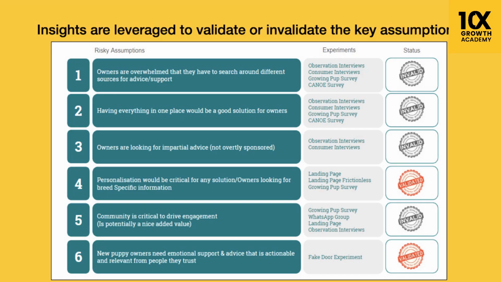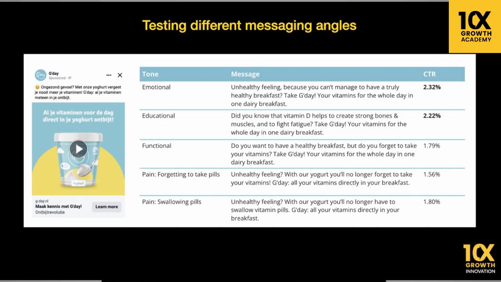What we do is that we use the insights to validate the key risky assumptions. So what you see on this slide is that we always prioritize the most important assumptions and how we want to experiment to understand if that assumption is validated or invalidated. We can also test different messaging angles in this phase.